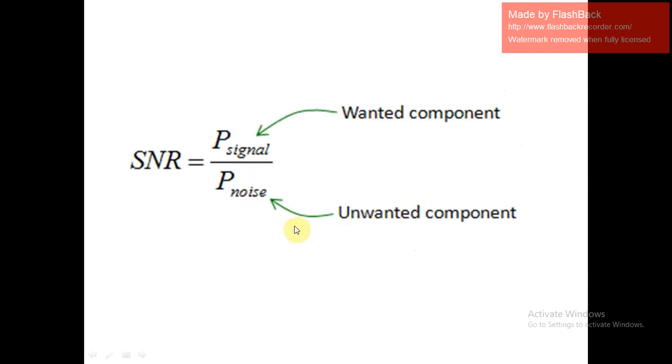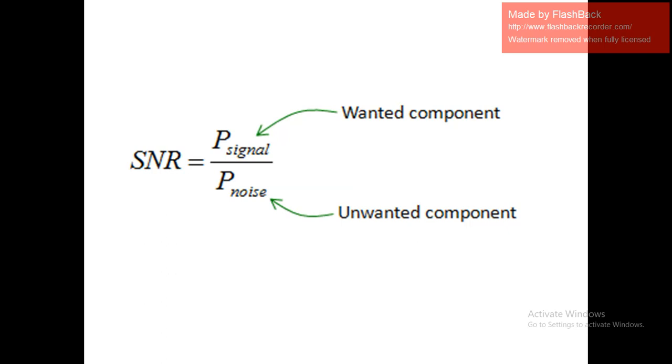Now if you have a system, you need to find out whether the system is good or not, the receiver system. So what is your criterion as a design engineer or system engineer? You have to have a system with a better SNR.